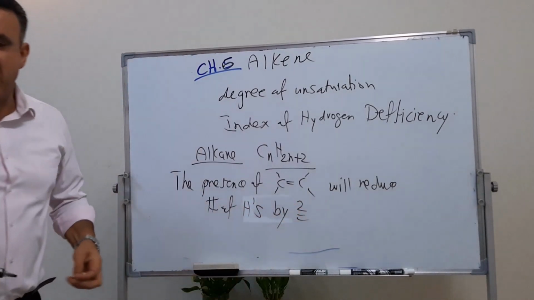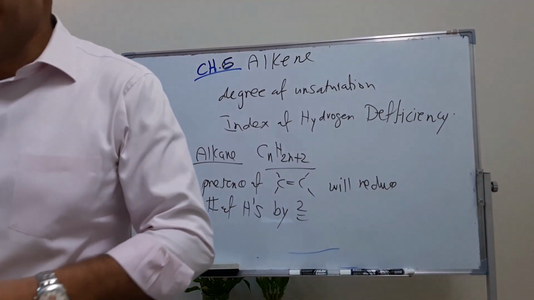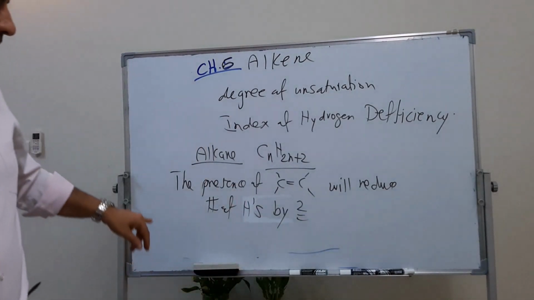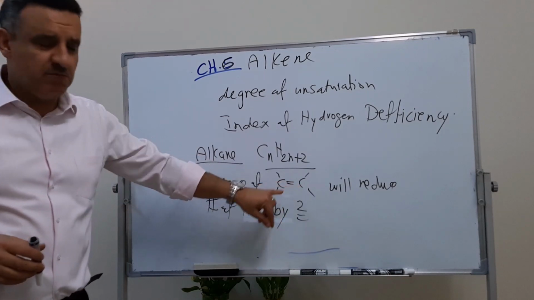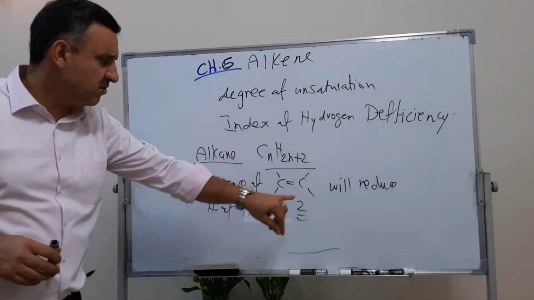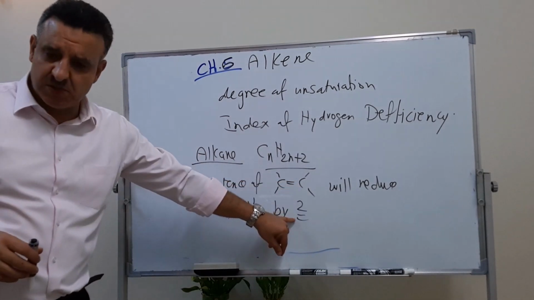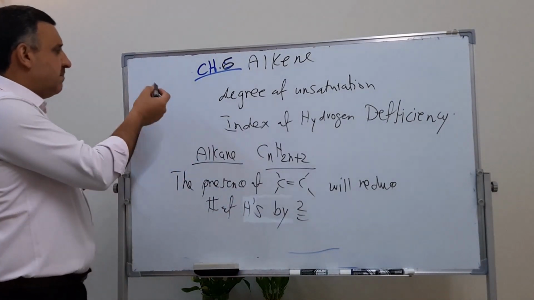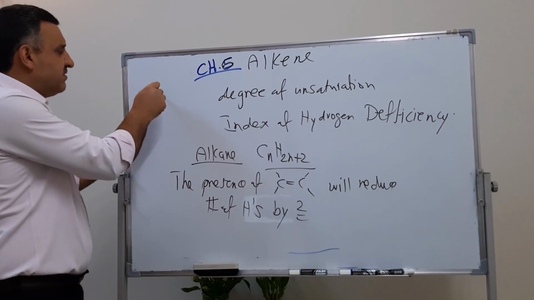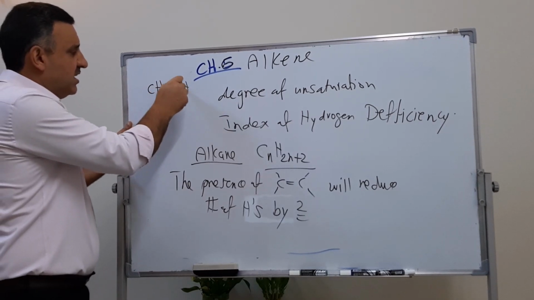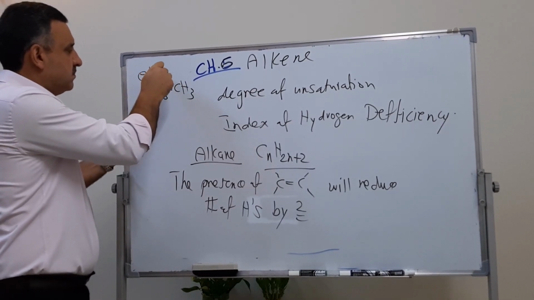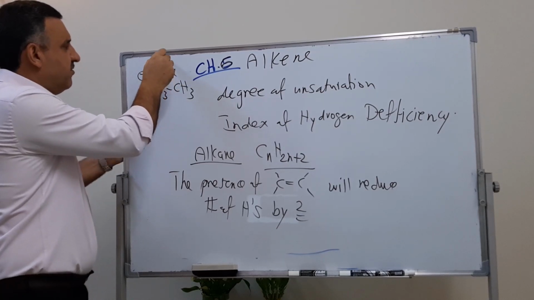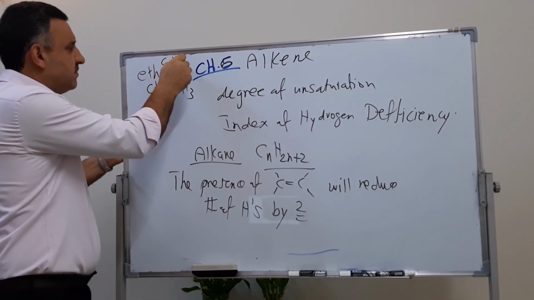Always. For any carbon-carbon double bond, the number of hydrogens will be reduced by 2. In other words, let's take, for example, an alkane. We have CH3CH3. This is ethane, and the general formula for this is C2H6.